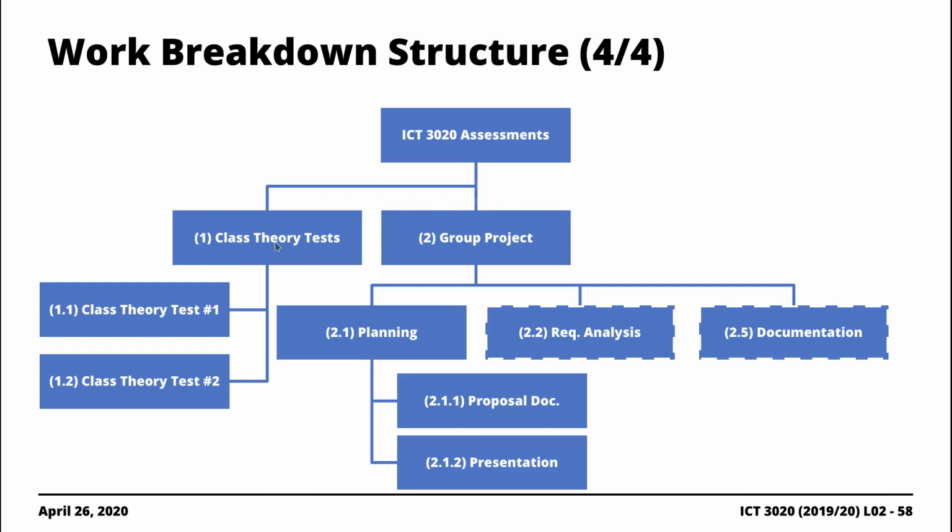So class theory test would be 1, class theory test number 1 would be 1.1, class theory test number 2 would be 1.2, right? If you have 1, 2, 3, 4 layers, numbering for the 4th layer will be composed with 3 hierarchies, right? 2, 2.1, 2.1.1, 2.1.2.